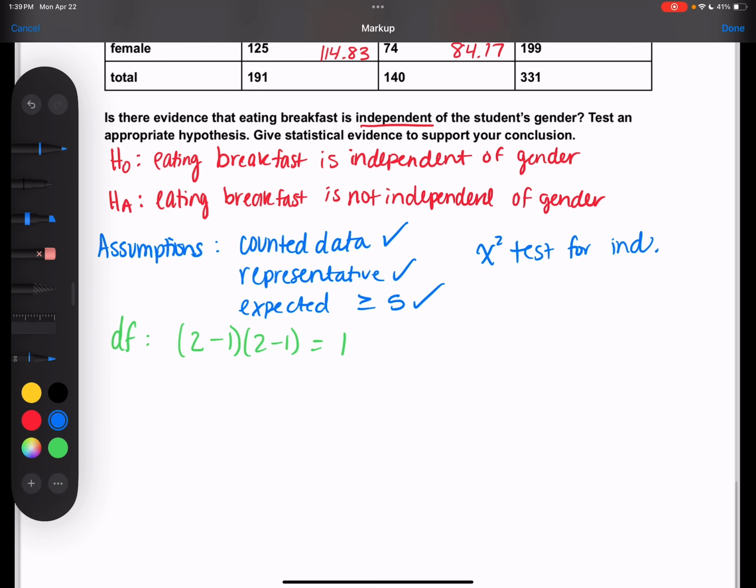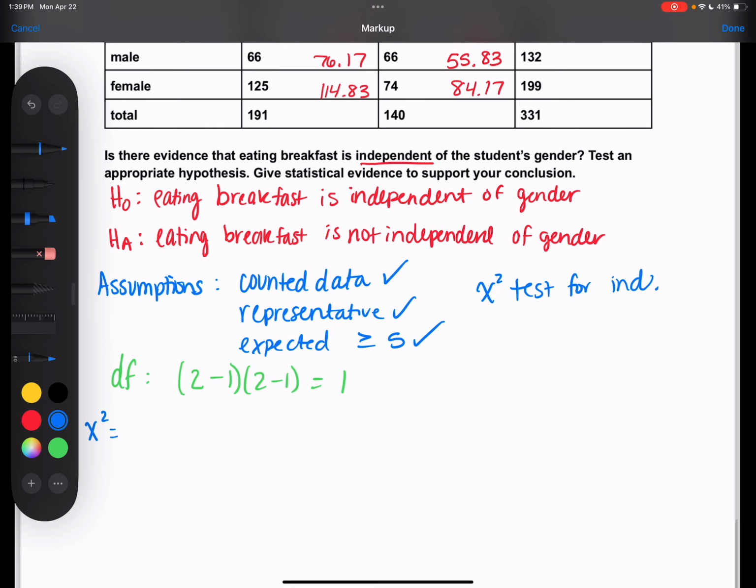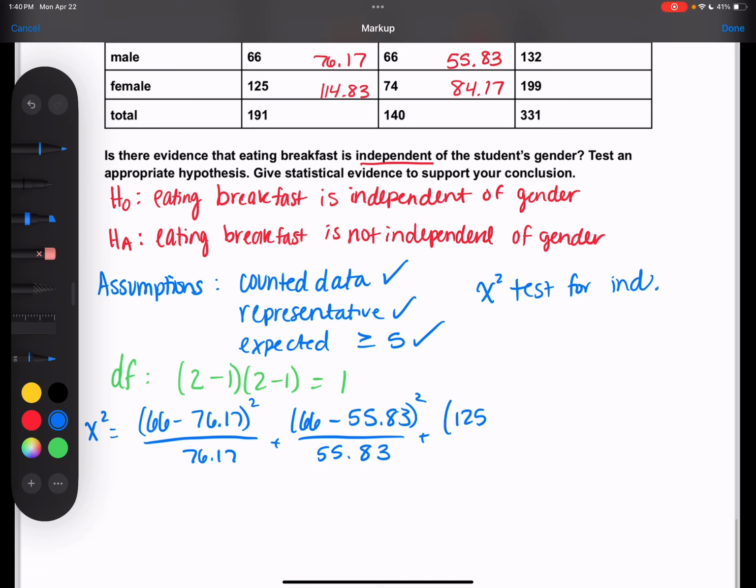So, chi-squared is equal to (66 minus 76.17) squared divided by 76.17, plus (66 minus 55.83) squared divided by 55.83, plus (125 minus 114.83) squared over 114.83, plus (74 minus 84.17) squared over 84.17.